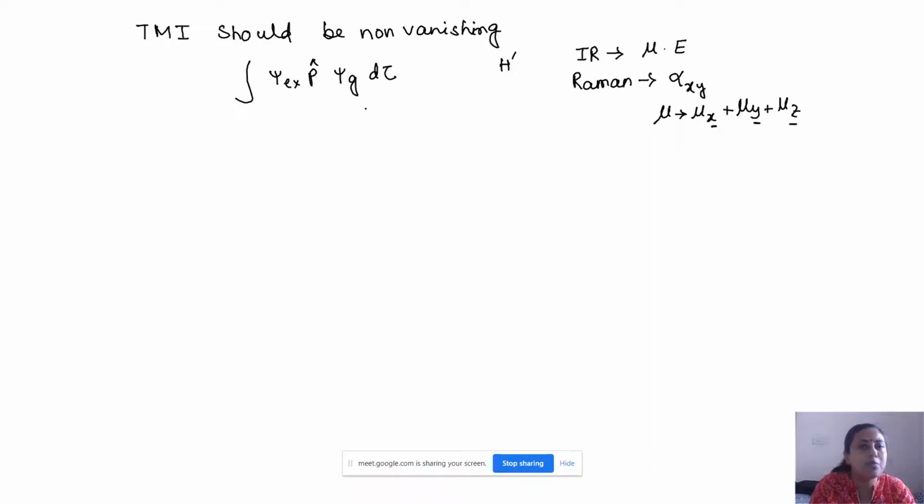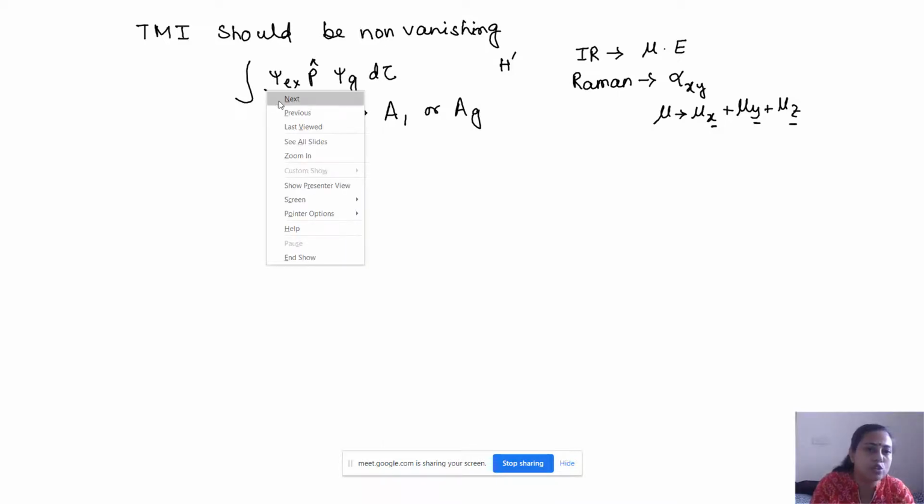Now this transition moment integral, this ground state always transforms as either A1 or Ag as per the symmetry species involved. The excited state normal modes of vibration will have the same symmetry species as we have for our normal modes of vibration.